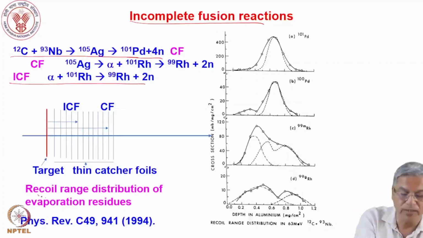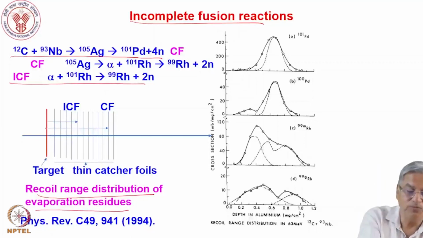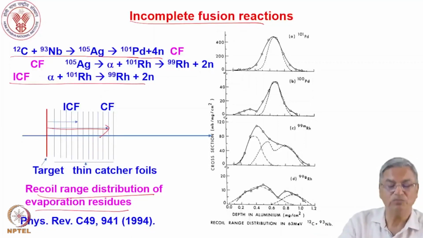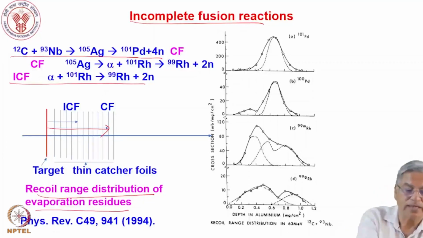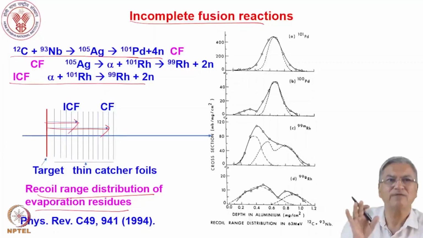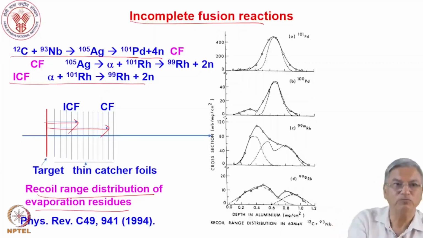So this is the recoil range distribution of evaporation residues found in the formation of these products. The complete fusion products are stopped at a much later part of the recoil range scheme than the incomplete fusion ones. That means the kinetic energy of the recoils, the products that are formed, is much higher for complete fusion than for incomplete fusion.